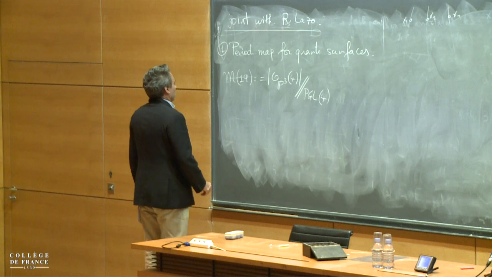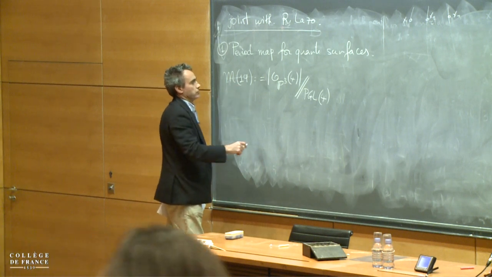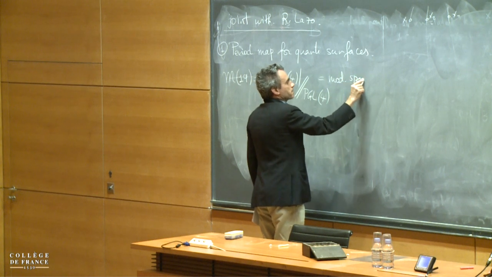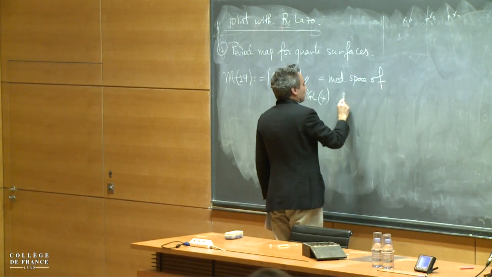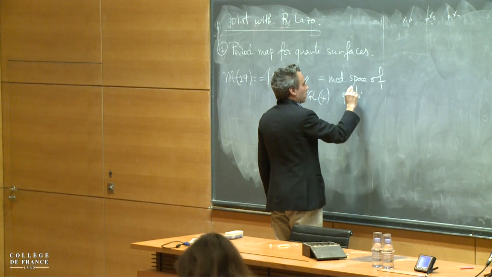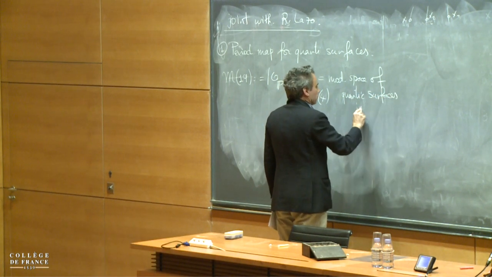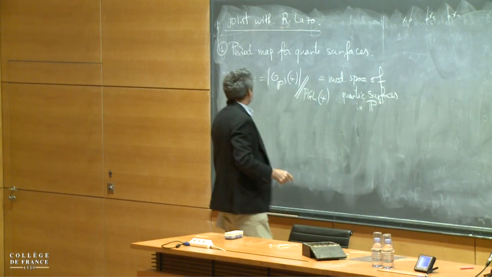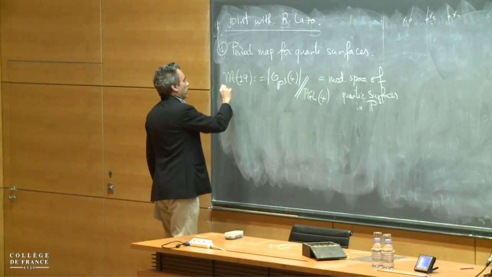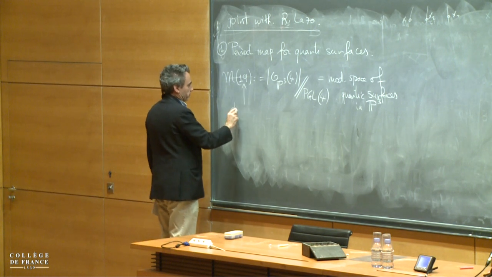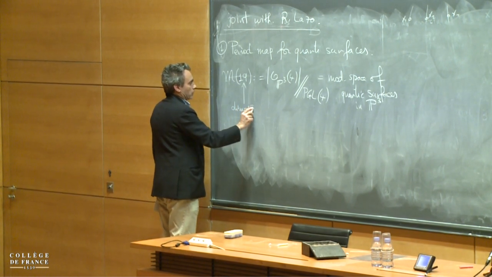Okay, so this is the moduli space of quartic surfaces in P3. I'll explain later why I'm using this notation. Anyway, this is the dimension. It has dimension 19.